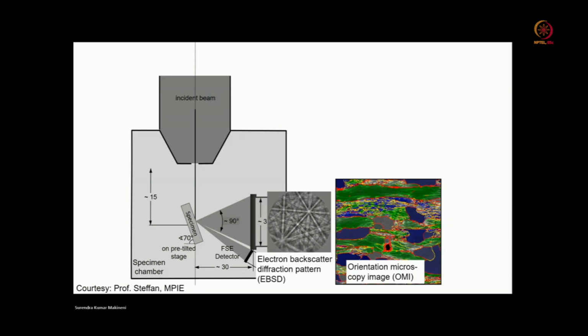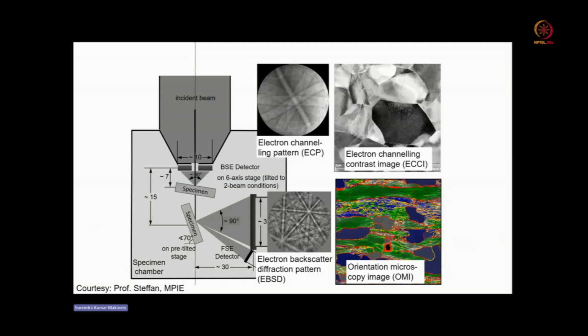Now if you put a backscattered electron detector, and make your sample very near to the backscattered electron detector, and arrange your crystal in such a way that it is in a two beam condition, such that the diffracted beam is channeling inside the sample surface, at this condition you can actually get the ECP patterns on the BSC detector.